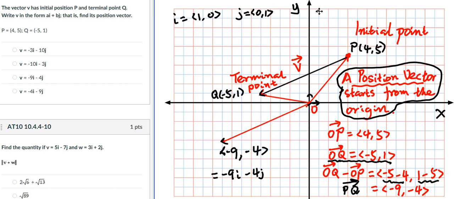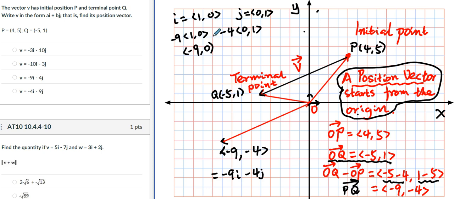Well, if you put -9 in front of i, you would do it this way. If you put -4 in front of j, you will do it with (0, 1). -9 times 1 is -9. -9 times 0 is 0.